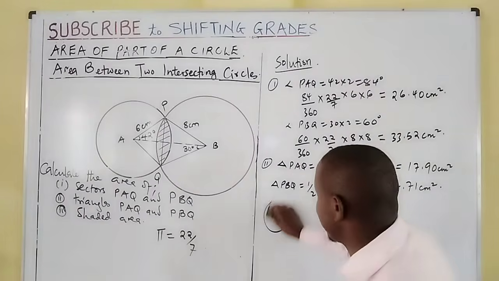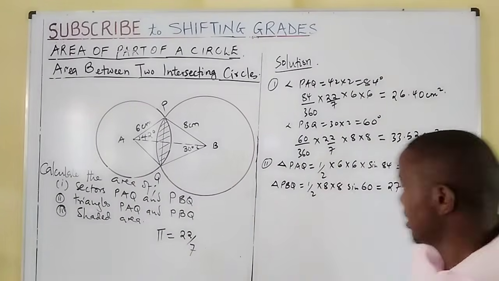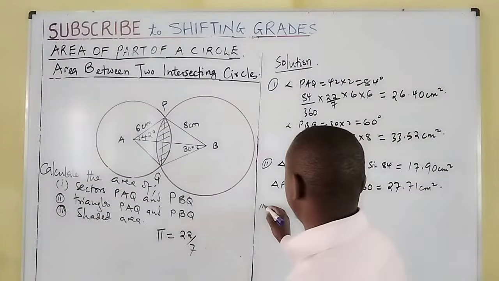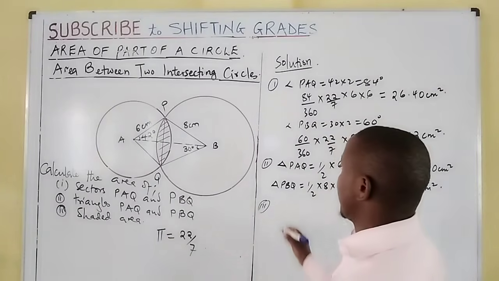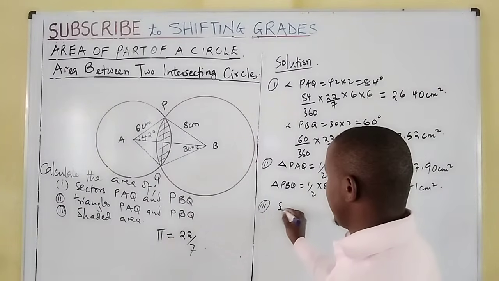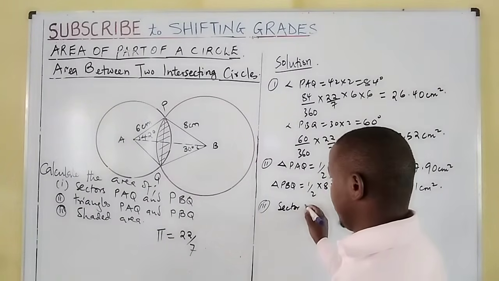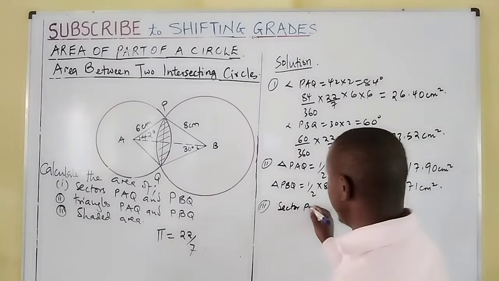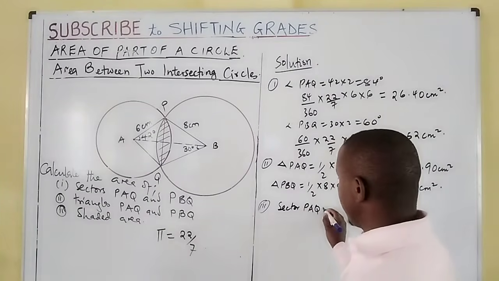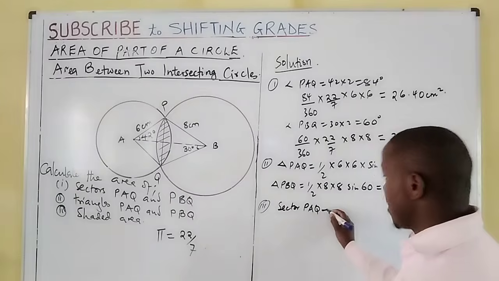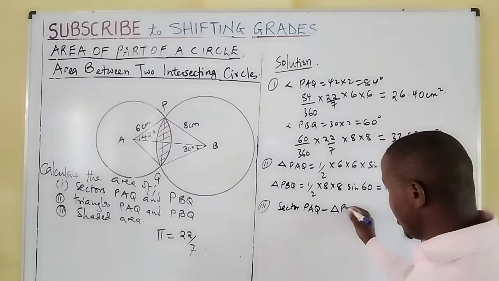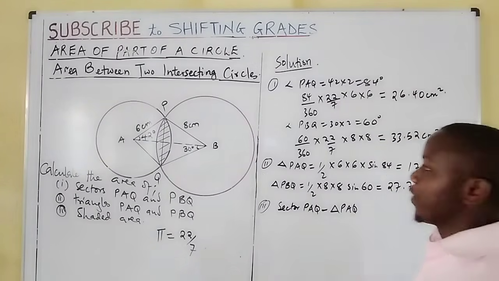Therefore, the area at the center shall be, when we take the first sector PAQ, and we subtract the area of triangle PAQ, we will get the segment there.